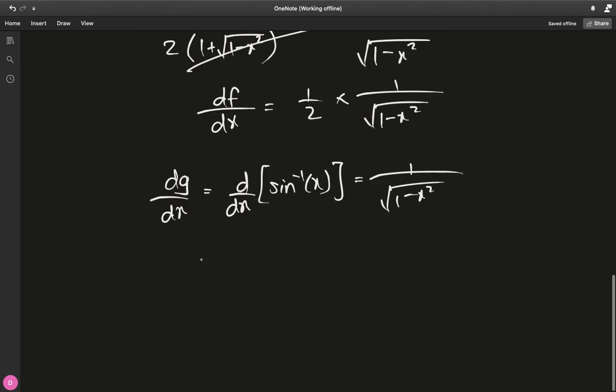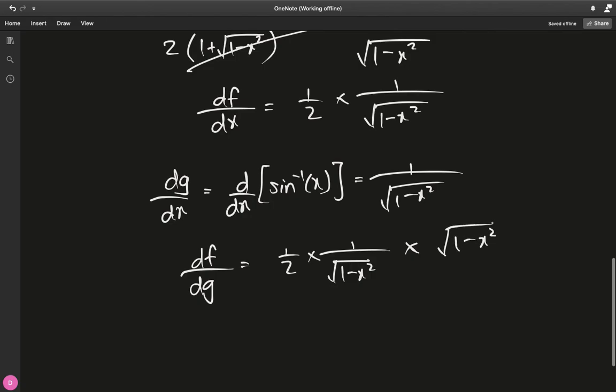So now df over dg is the first divided by the second. So 1 over 2 times 1 over square root of 1 minus x squared times 1 over this, which is square root of 1 minus x squared. Stuff cancels out.